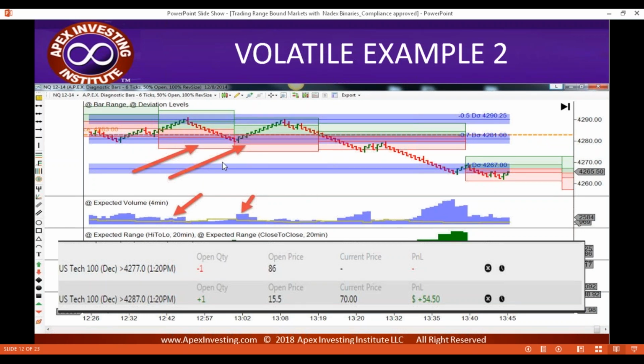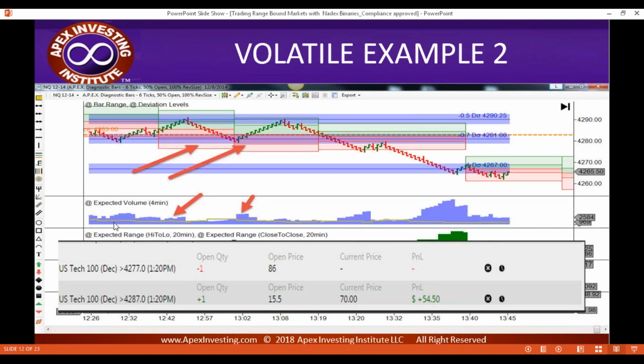All right. See here, very volatile markets. You see that? The markets are staying inside these boxes, but what are they doing? They're coming up towards the top of the boxes and coming down to the bottom, coming up to the top, coming to the bottom. And you see how this volume is exceeding? This yellow line is where we expect volume to be. But then notice the blue is showing the volume's actually higher than expected.